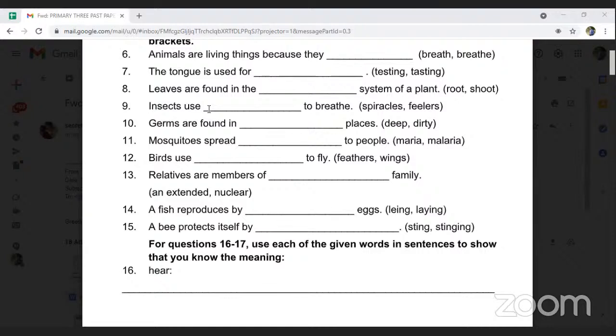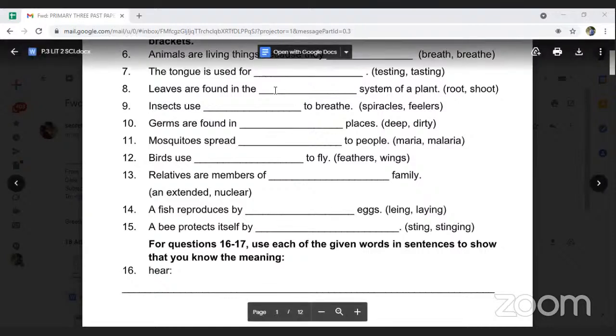Asante, read first number 8 and give us the answer. Asante? Raphael, can you read first? Because Asante seems to be not hearing. Leaves are found in the dash system of a plant.